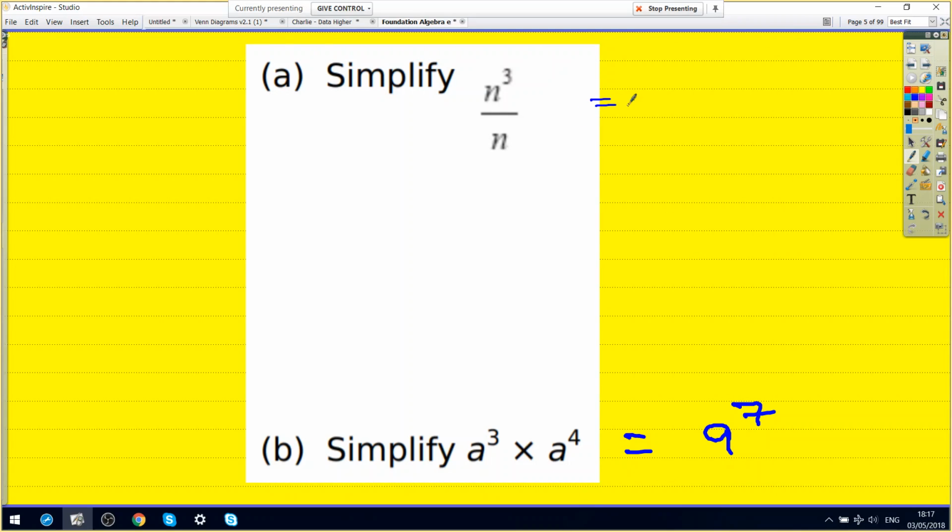Which one? Is it n3? If you have n by itself, what is that to the power of? 1. Yeah. So that would make it n4. That would be if it's times. This is divide. Oh yes, that would be n2. Well done. That's it.